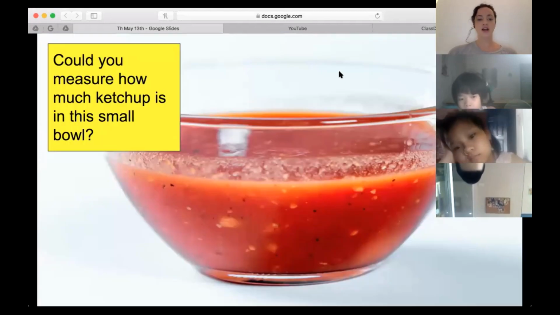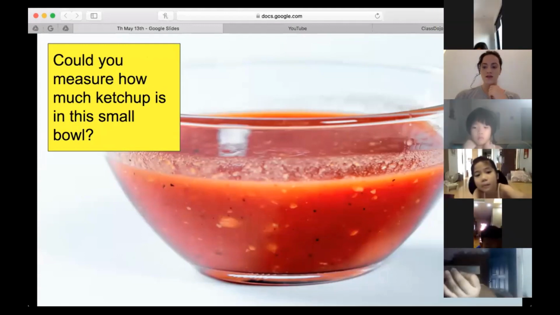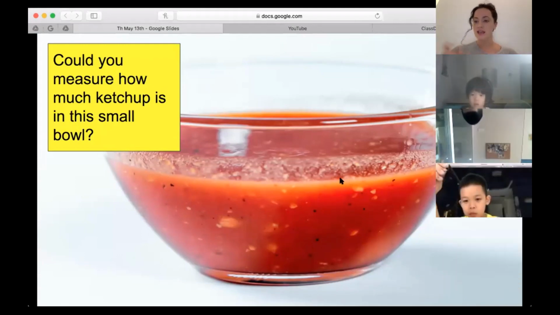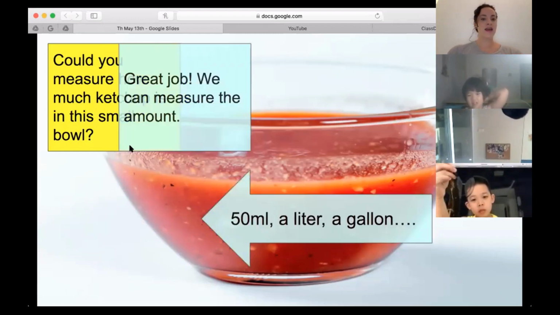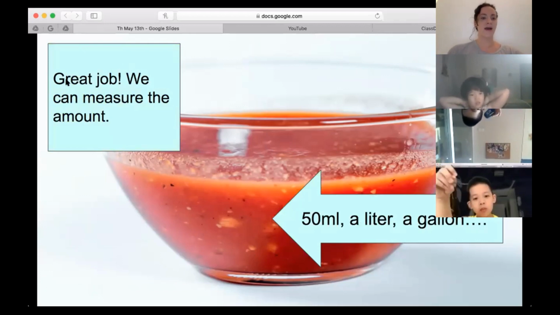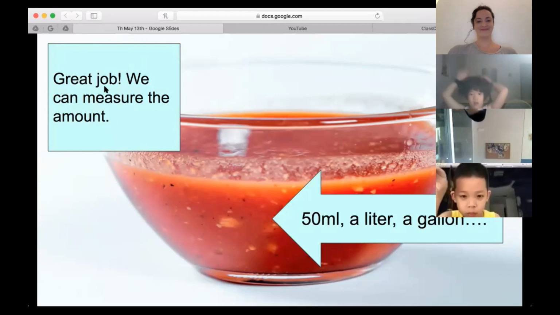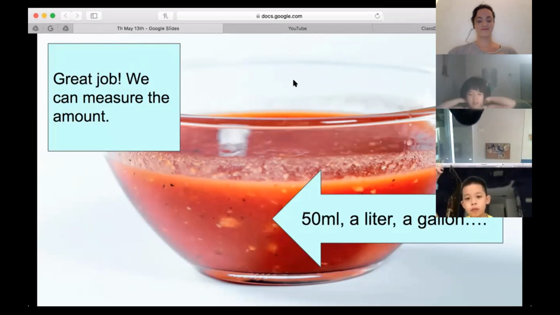So, volume is how much space a liquid takes up. Could you measure how much ketchup is in this small bowl? Pasta, what do you think? Do you think if we put this into something to measure volume, could we find the volume of this liquid? Yes, we could. Can you read this up here, Pasta? Great job. Could you measure how much? 50 milliliters, a liter, a gallon?